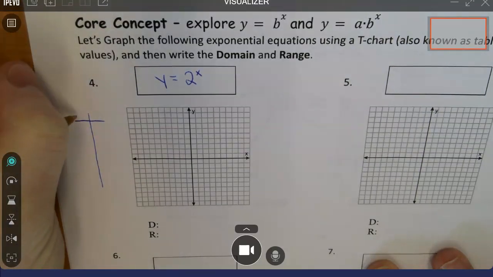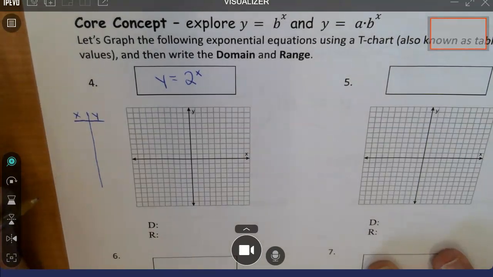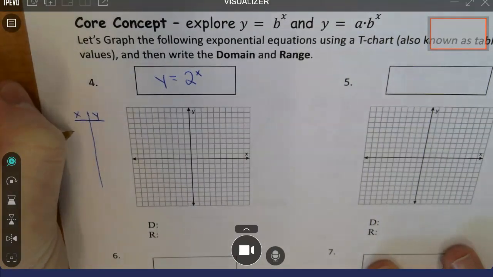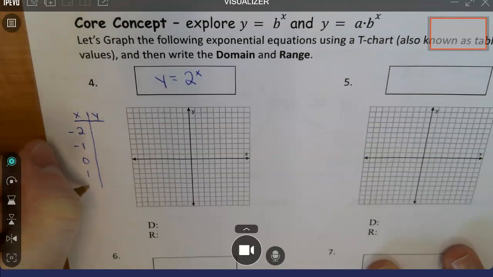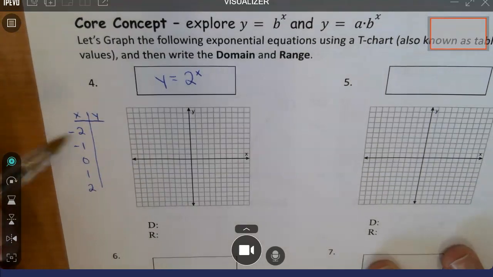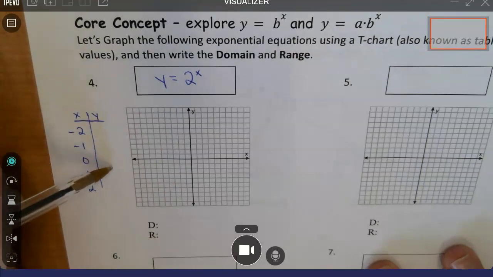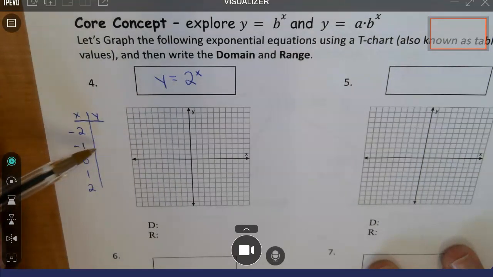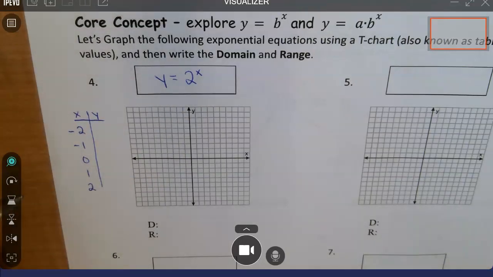You draw that, you make an x over here and a y over here. And we want to pick numbers that are easy to work with. Well, the 5 easiest numbers to work with are -2, -1, 0, 1, and 2. And we're going to plug each of these in one at a time to x right here to produce our y values. And then we're going to have 5 xy coordinate points that we're then going to put over here.